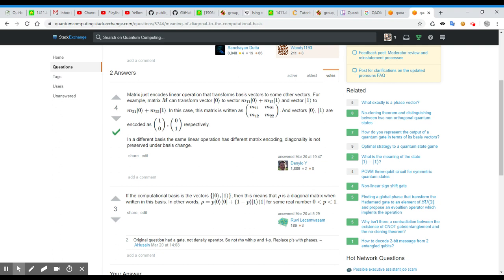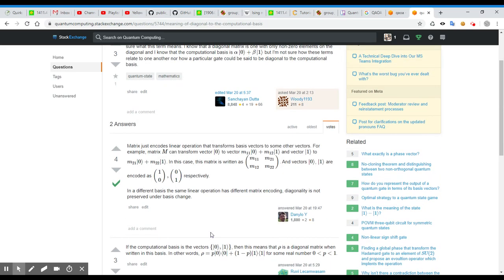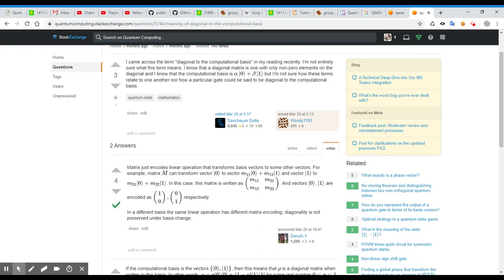Diagonality is not preserved under basis change.